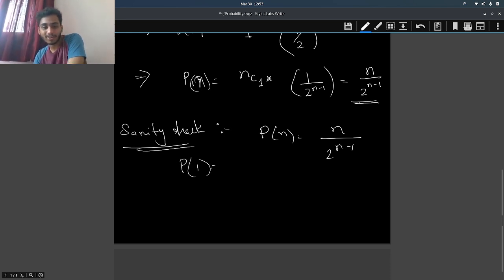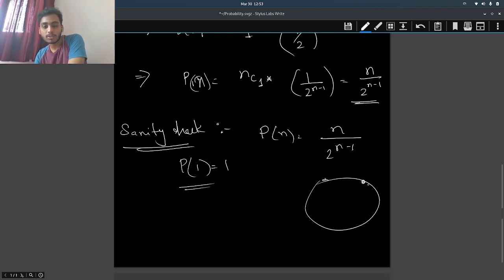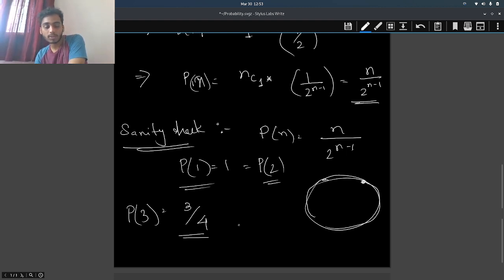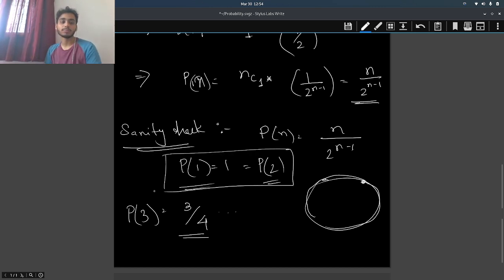Obviously it will be 1. If there are 2 points, wherever the 2 points are, we can make the semicircle like that, so obviously it is also equal to 1. What about 3? 3 is 3 by 4, and so on. So sanity checks can be done with these.